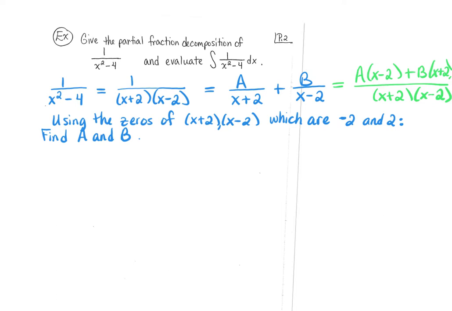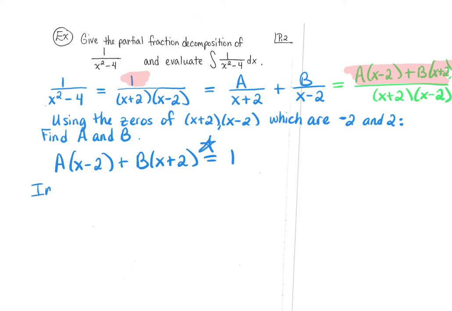And I only rewrote that to say that 1 is going to be equal to that numerator because our numerators have to be the same. So that gives us a times x minus 2 plus b times x plus 2 is equal to 1. Okay, so now we're going to call this star so we don't have to rewrite it all the time.